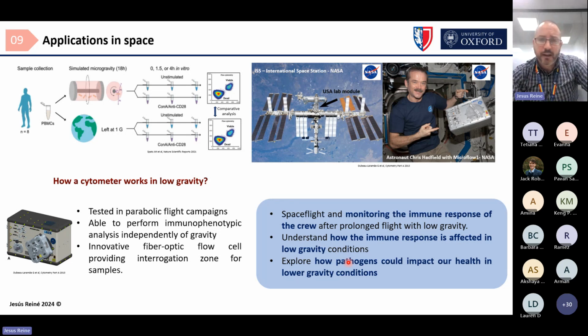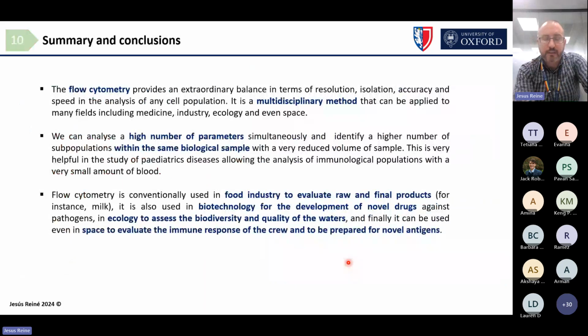So finally, I would like to make a very quick summary about flow cytometry and how it works. Basically, we can say that flow cytometry establishes a very extraordinary balance in terms of resolution, isolation, accuracy, and speed for any kind of cell population. It's a multidisciplinary method that can be applied to many fields, as you can see before.